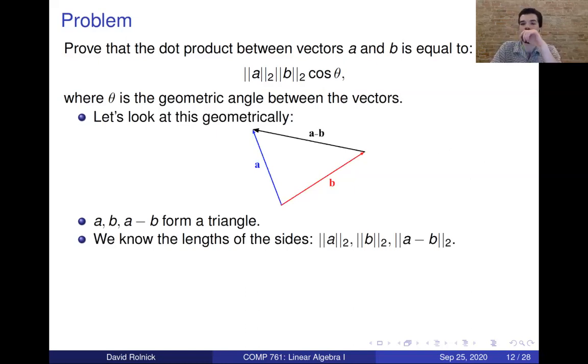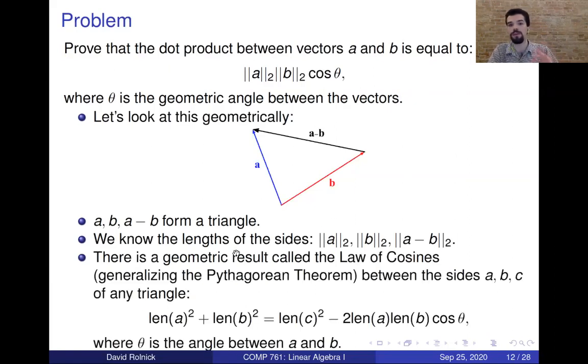What can we use? Okay, we can use the law of cosines.